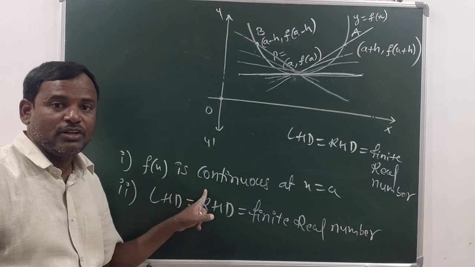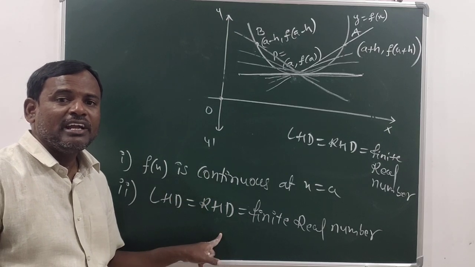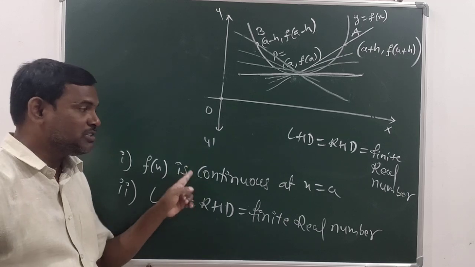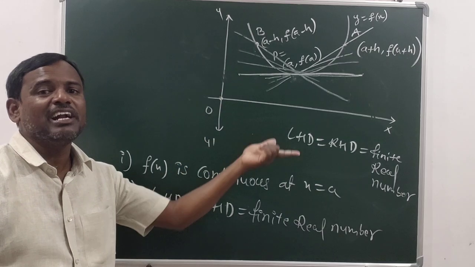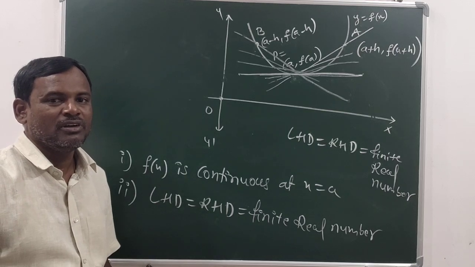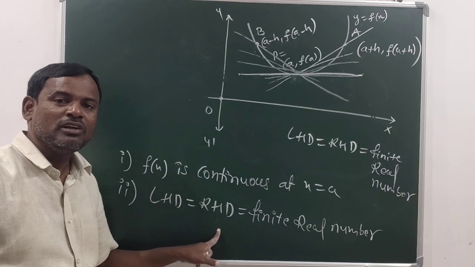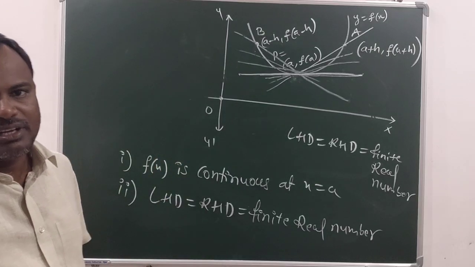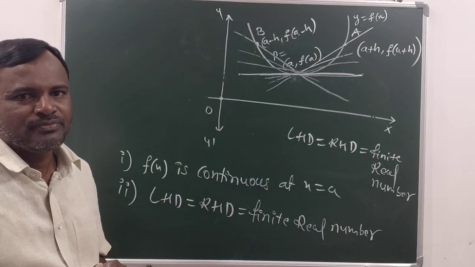If the function is continuous, it may be derivable or may not be derivable. Sometimes that function is continuous but need not be derivable, need not be differentiable. But if it is differentiable, compulsory at that place that function is continuous. Remember this point also.